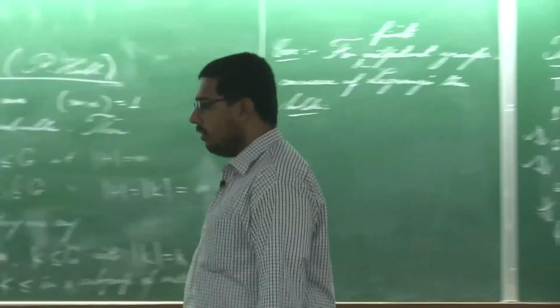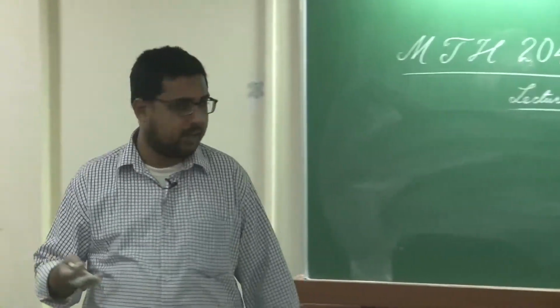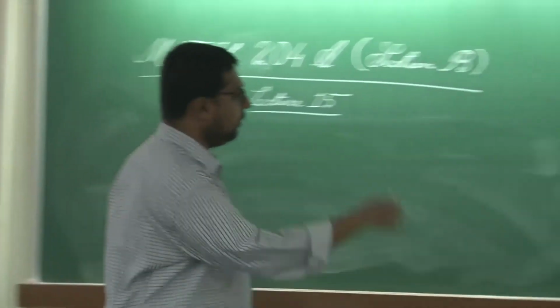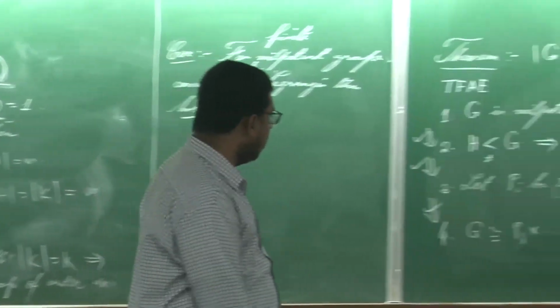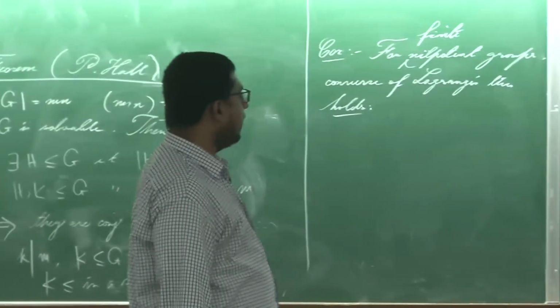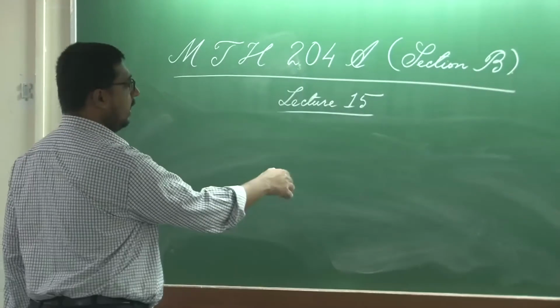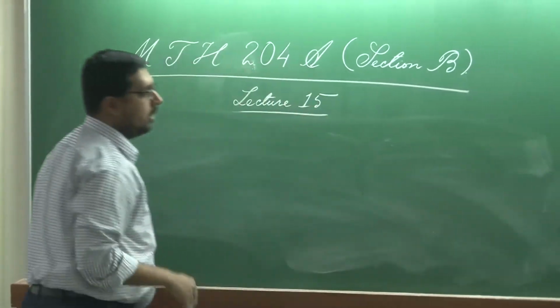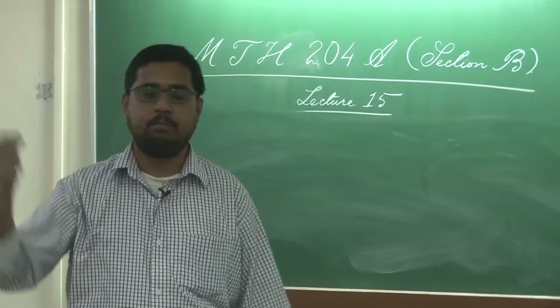When the order is large, it's very difficult to classify all groups with that order. However, when the order is small, we can classify them. So let me show you the classifications for groups of order p square and p cube.